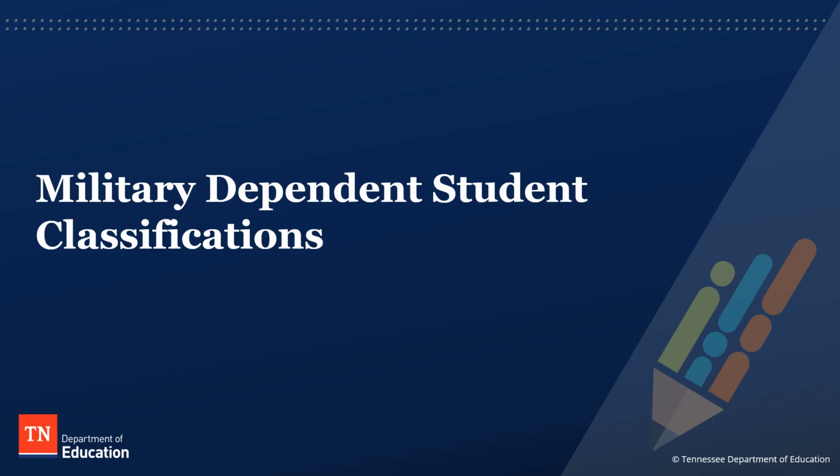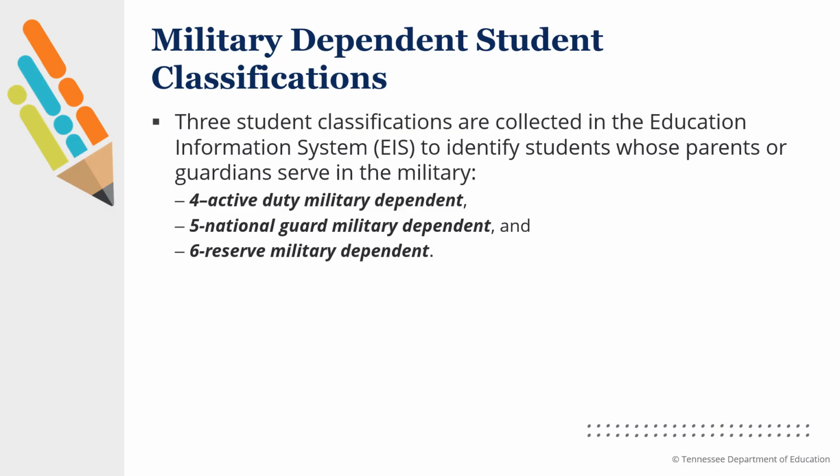The military dependent student classifications are the heart of the collection. And again, as I said earlier, there are 3 of them, and these identify students whose parents or guardians serve in the military: active duty military dependent 4, National Guard military dependent 5, and Reserve military dependent 6.